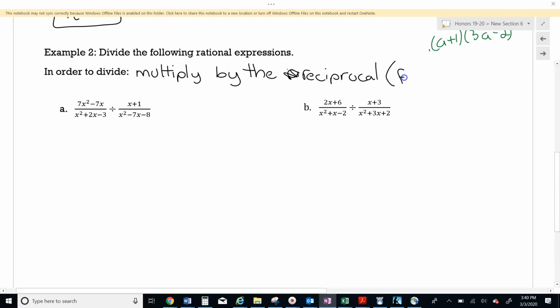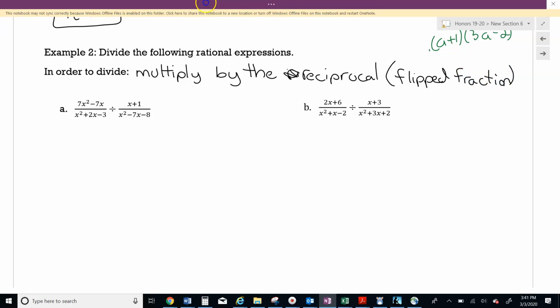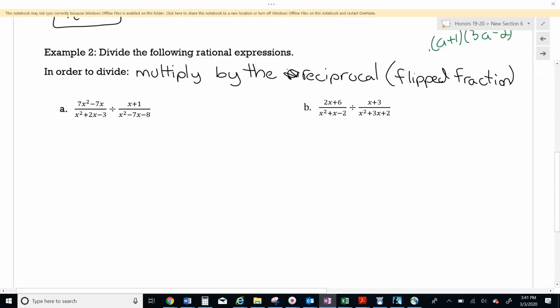And a reciprocal, remember, is just a flipped fraction. Okay? So instead of dividing, I'm going to change it to a multiplying symbol, and I'm going to flip just my second fraction. Okay, you don't flip both fractions. That wouldn't really change much. You flip just your second fraction.